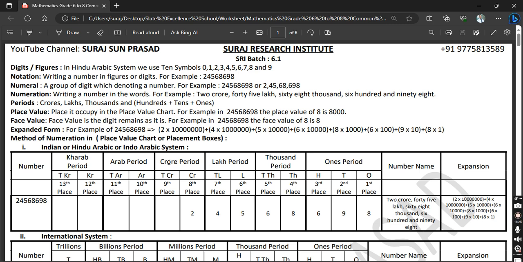And how to pronounce it? See, a crore period, so we can say 2 crore 45 lakh 68,698. As I have already written in terms of words also, this is the correct way to write: 2 crore, after that comma again 45 lakh, again comma 68,000, again comma 698.